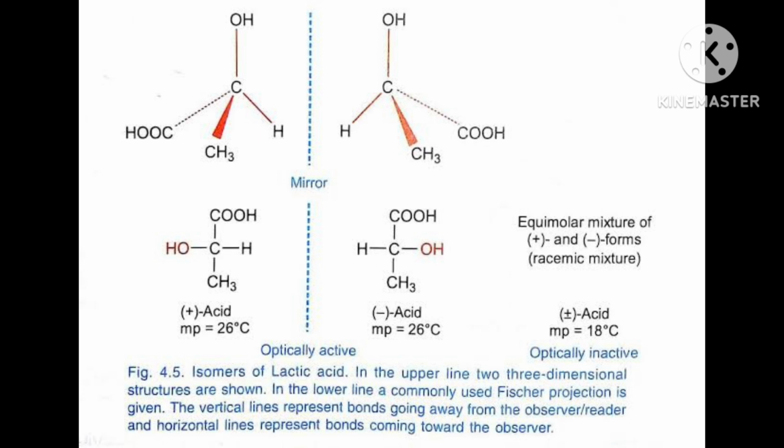Then one is in the center and one is an ethyl group. In that, 2 carbon is there. One is a methyl group, then one is hydrogen. One group is an ethyl group, second is a methyl group, third is H, and fourth was the halide.